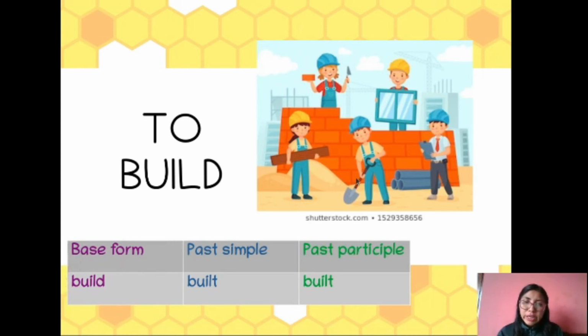The workers build a house, okay? That is the action, build, construir, okay? And already you have, as I said before, you have to study build, built, built, okay? That is the forms, the base form, the past simple form, and the past participle form.